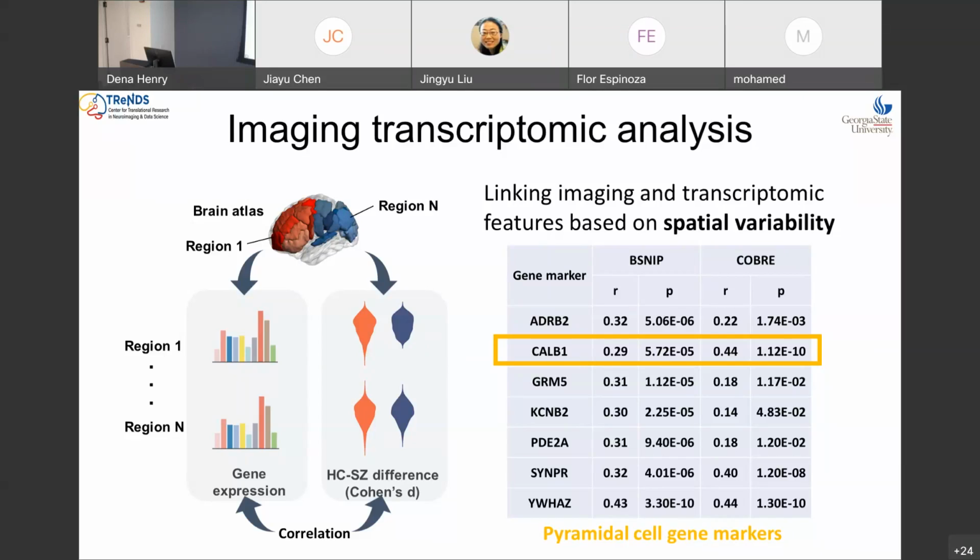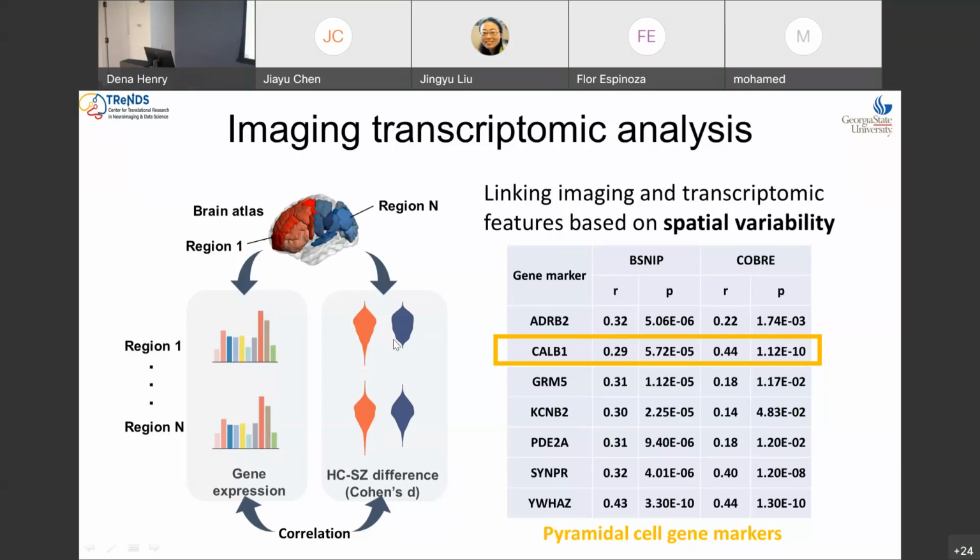One commonly used approach now is to link the imaging and the transcriptomic features based on spatial variability. As you can see on the left side, we have a specific brain atlas. For each brain region, you can have a transcriptomic feature, for example, the expression of a specific gene.